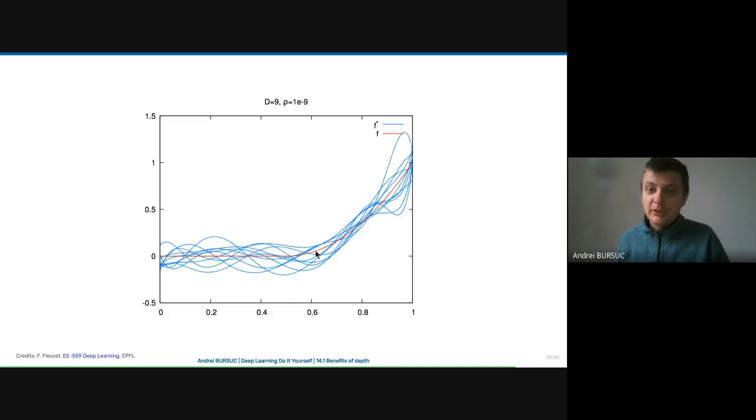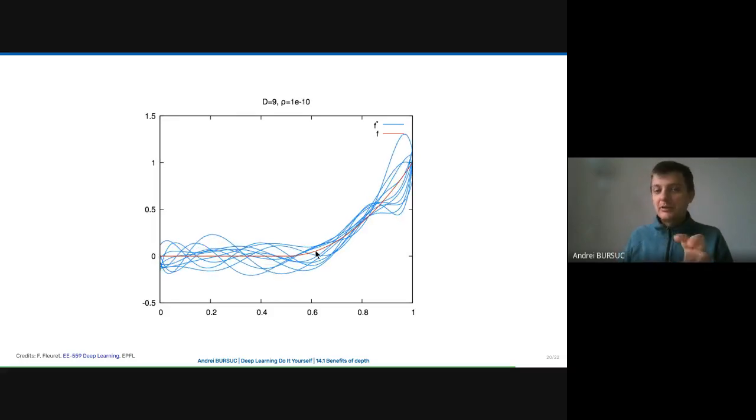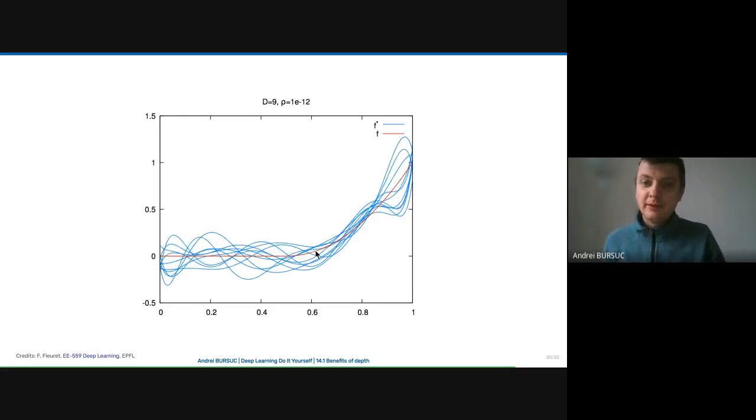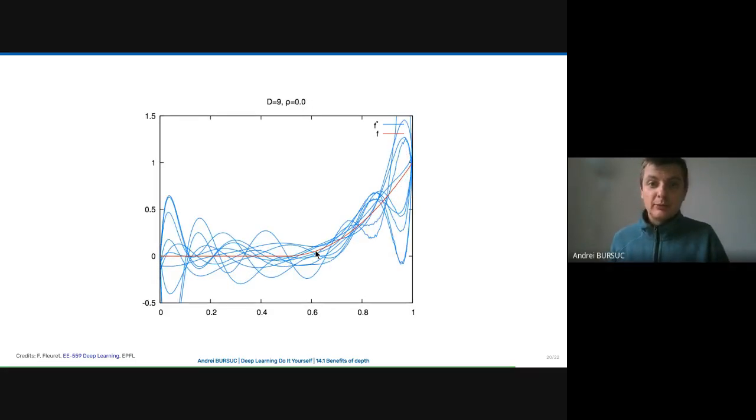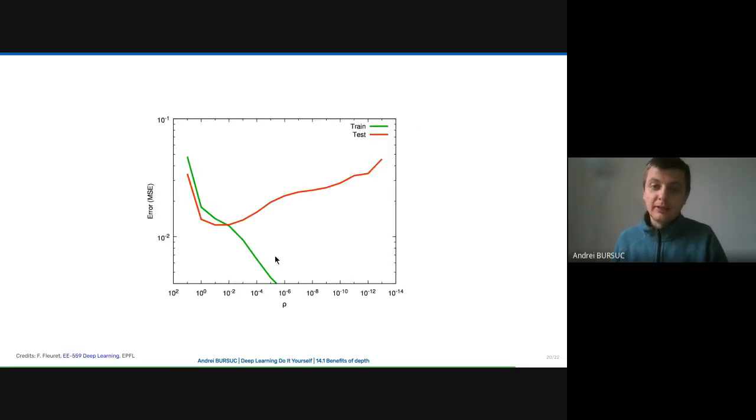As I loosen the regularization, it starts to go overfitting again. When there's no regularization, there's practically nothing useful here. You can see that each time we run our algorithm, we actually have a different solution. This is quite annoying, and that's why we actually need regularization. It can happen with neural networks quite commonly.